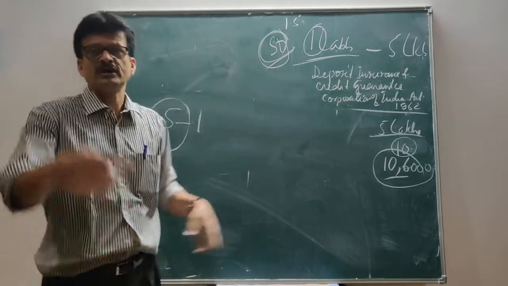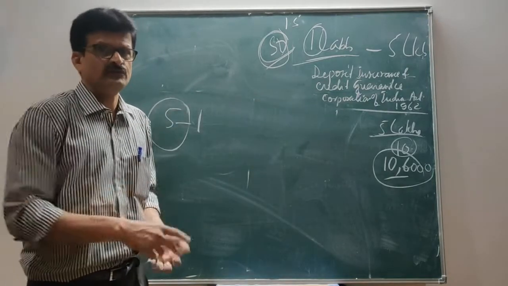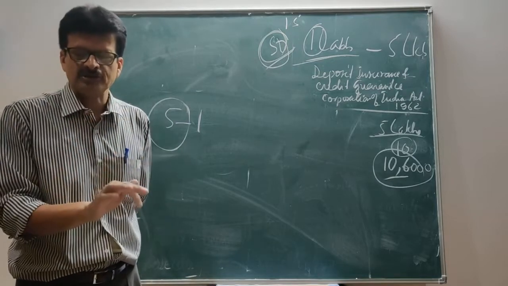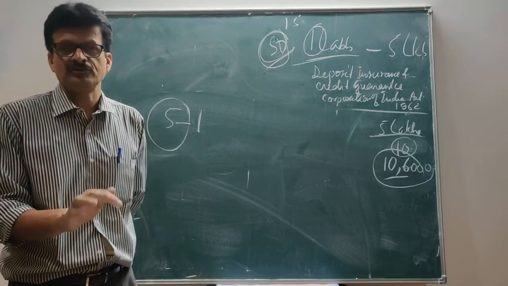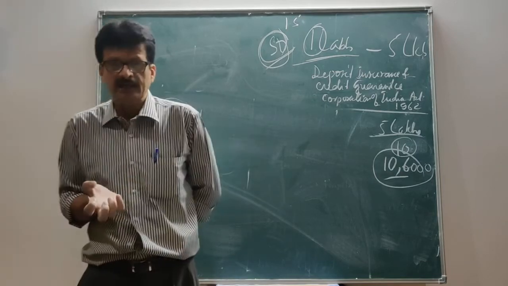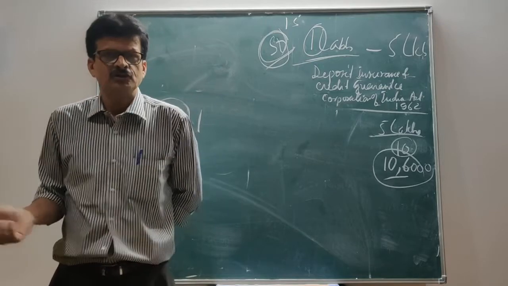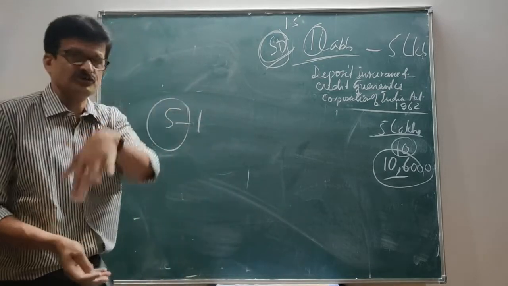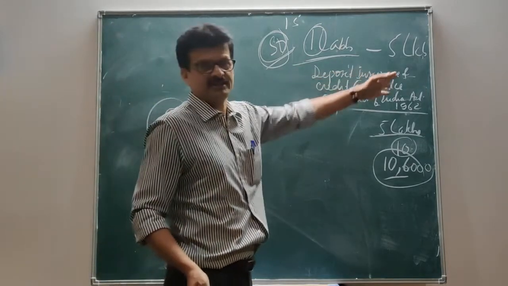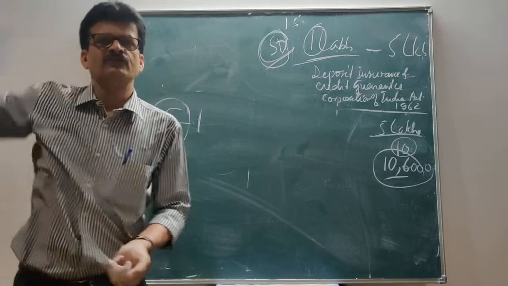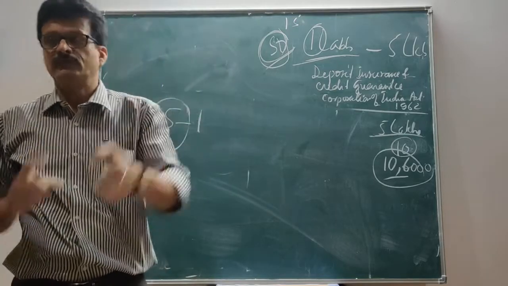When it is registered, what are the advantages? Just now I told. So therefore, the Deposit Insurance and Credit Guarantee Corporation of India Act will also contain provisions requiring all the banking system to be registered with this. When it is registered with that, it is not a source of earning for the Deposit Insurance Corporation, but it is a source for inflating the confidence in the minds of the public with the banks.